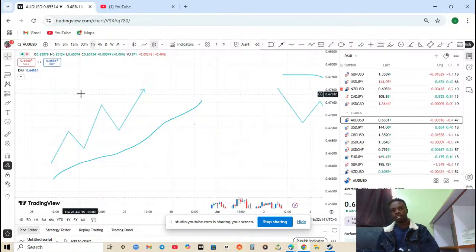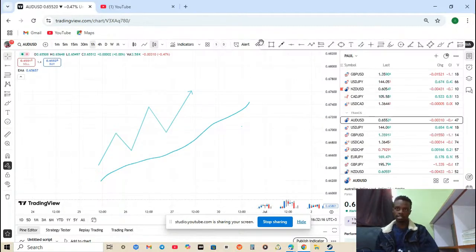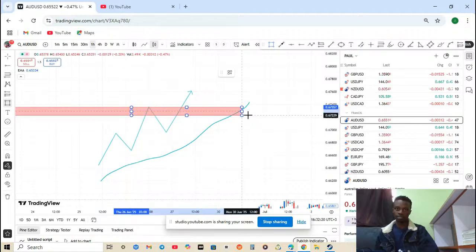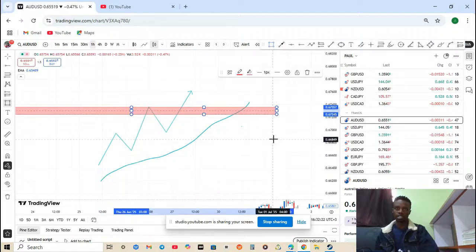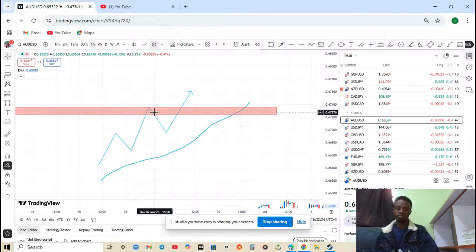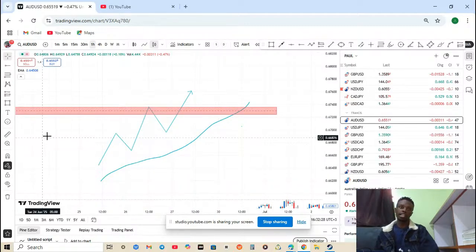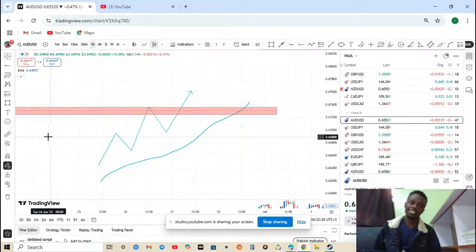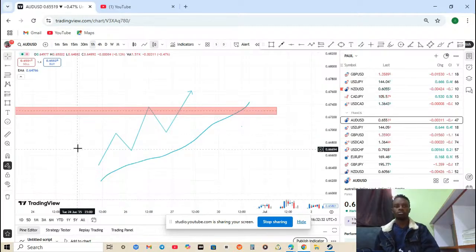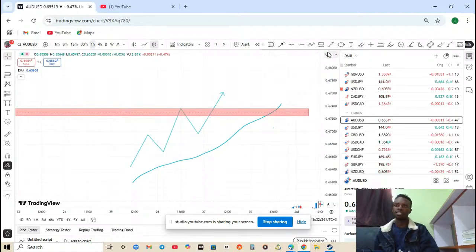After that, the other thing that I look for is that the market must pull back to the previous major level of structure. So this is the previous major level of structure, and the market must pull back here. The other factor that I add, just to improve the accuracy, is that this level must have been tested multiple times in the past.